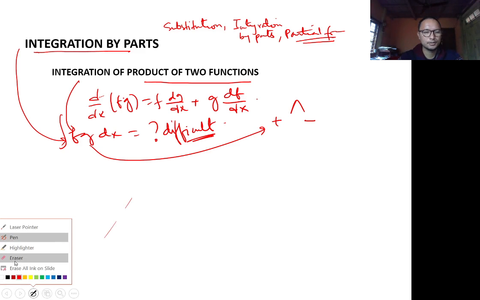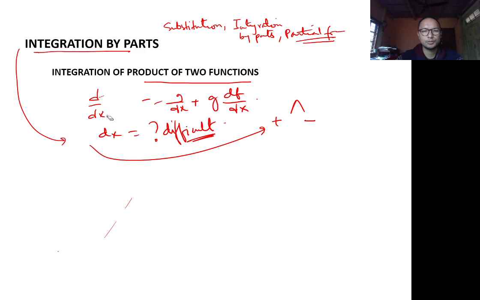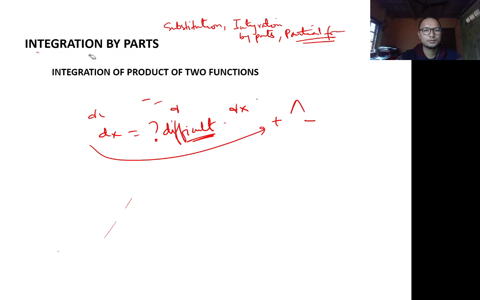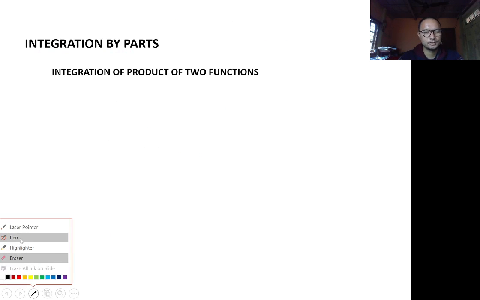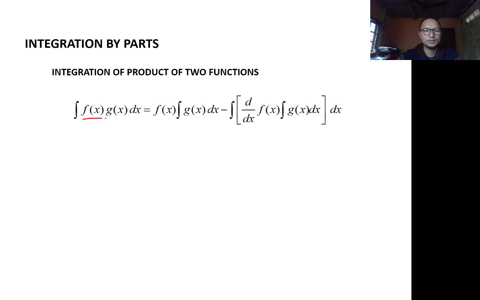Integration like this is what we call integration by parts, right? So whenever a product of two functions is there, in integration by parts, integrate the first function minus the differentiate of the first function times the integral of the second. So this is the rule.